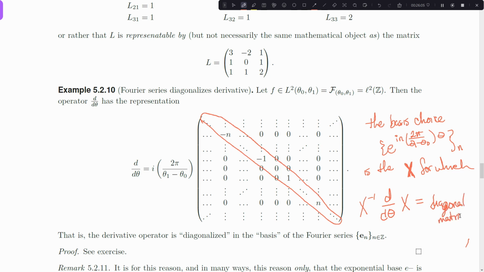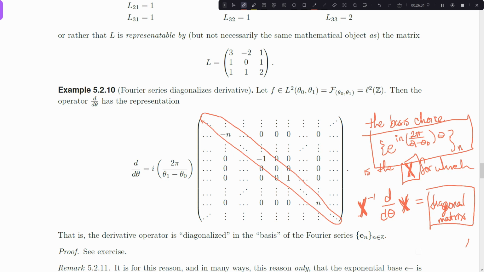Right? This is precisely matrix diagonalization in infinite dimensions. I've made a choice of basis, or I've found infinitely many eigenvectors, right? These are all eigenvectors, and I've found infinitely many of those. I placed them into this matrix, capital matrix X, and all of a sudden I recovered a diagonal matrix.